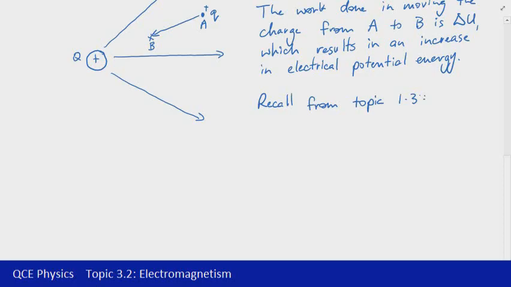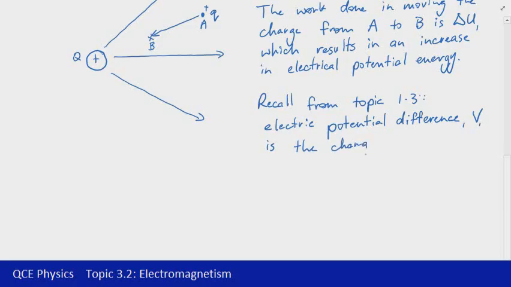The idea that we're looking at here is electric potential difference. Note here that electric potential difference is not the same as electric potential energy. So electric potential is a different quantity to electric potential energy. And electric potential difference, the symbol that we use for that is V, sometimes referred to as voltage, and that is the change in potential energy.